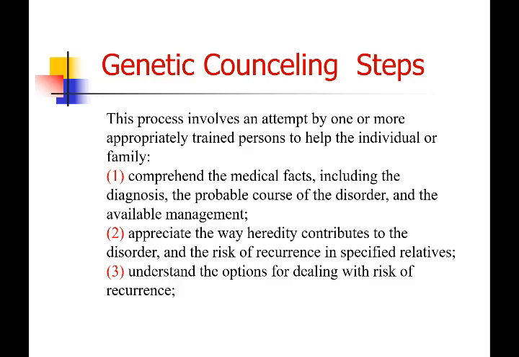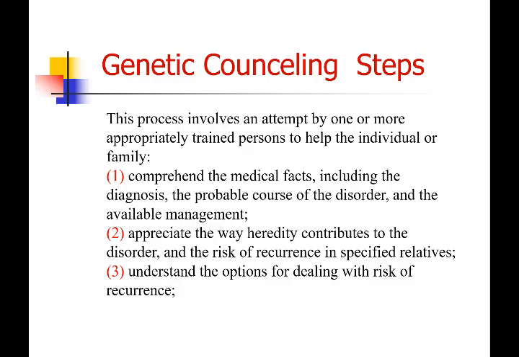The first step is to comprehend the medical facts, including the diagnosis, the probable course of the disorder, and the available management. The second step is to appreciate the way heredity contributes to the disorder and the risk of recurrence in specified relatives.